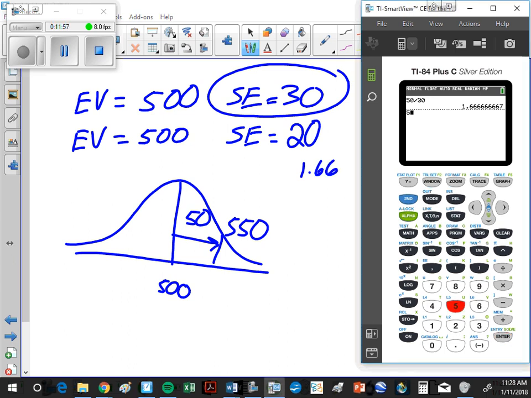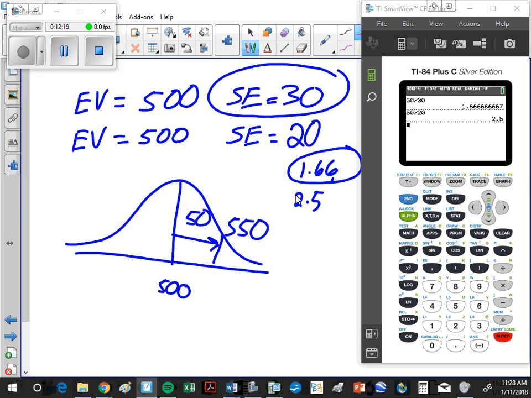And for the bottom one, 50 divided by 20 is going to be 2.5. Which one has more area to the right? The 1.66 will have more area to the right because 1.66 is closer to the middle.